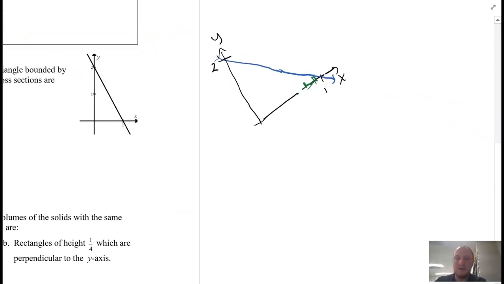So if I have a solid that has a base of the area underneath the curve shown, that would be something like this. This bottom piece is the base. And then we have cross sections that are a known shape. In this example we're talking about squares.